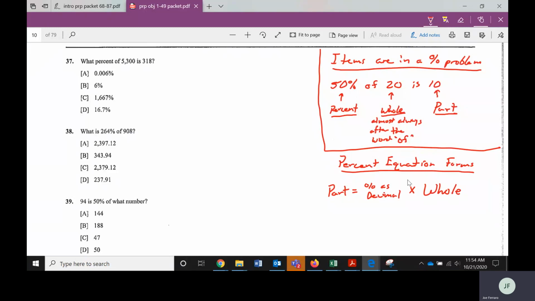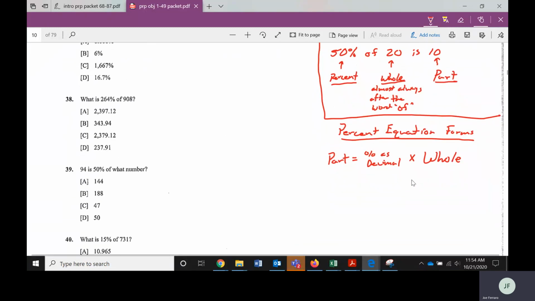That's the main version of the percent equation. But using that, we can set up other ones. If we've got to find a part, we'll use that. If we have to find a whole, then we can take the part and divide it by the percent as a decimal.